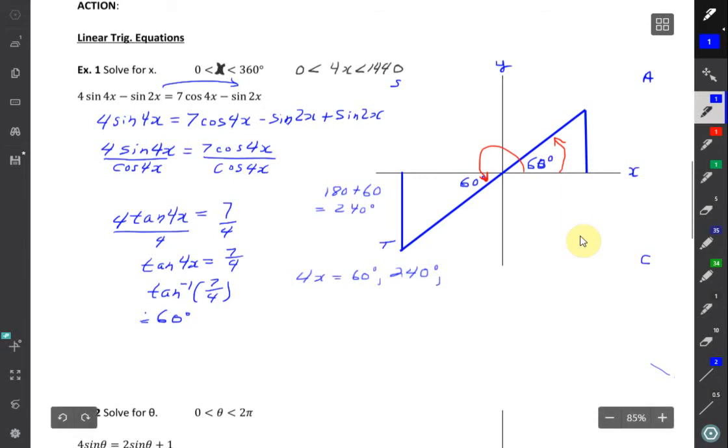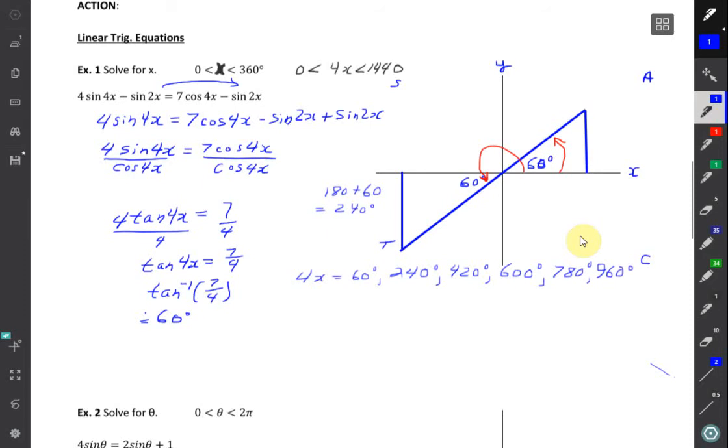So 60 plus 360 is 420. 240 plus 360 is 600. There's my second rotation. Now I'll do it again. 420 plus 360 is 780. 600 plus 360 is 960.